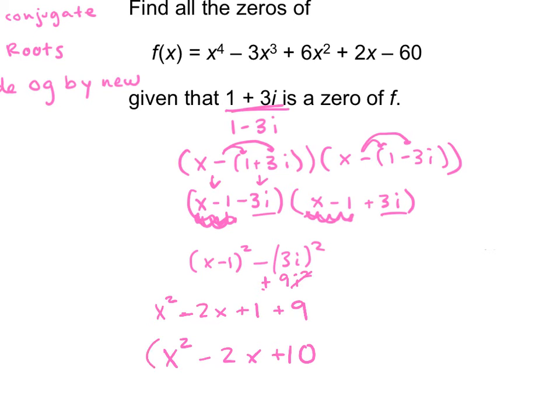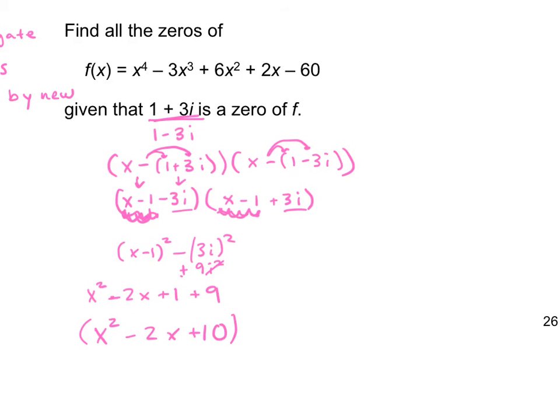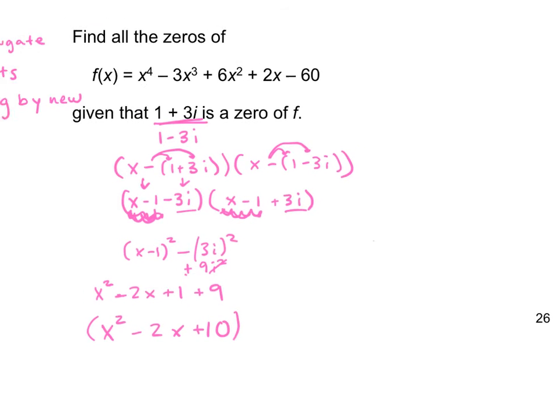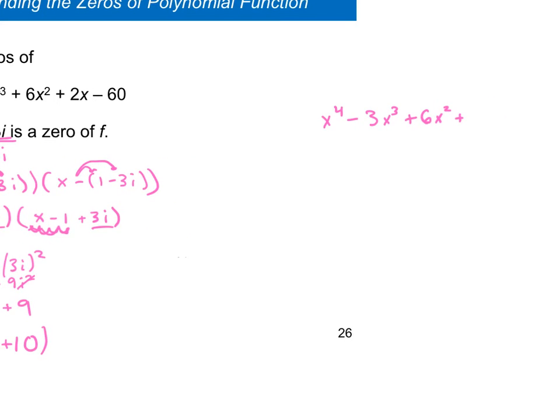So this is our new polynomial. And our third step is to divide the original by the new. So our original is x to the 4th minus 3x cubed plus 6x squared plus 2x minus 60. And we are dividing this by our new one, which is x squared minus 2x plus 10.